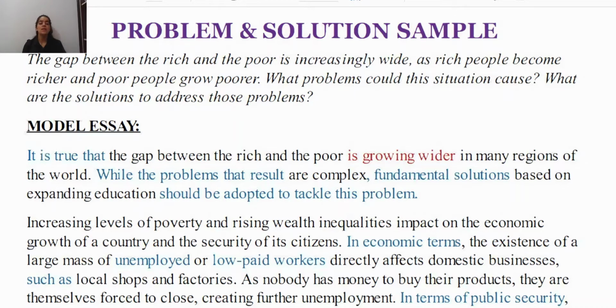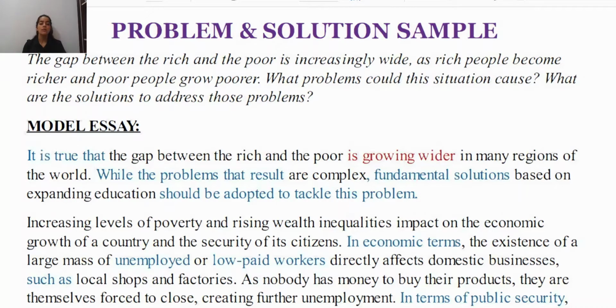The first paragraph is our introduction. It is true that the gap between the rich and the poor is growing wider in many regions of the world. As you can see, it's a context or background sentence, or simply we are trying to say exactly what this essay is about, or paraphrase the statement in the question.